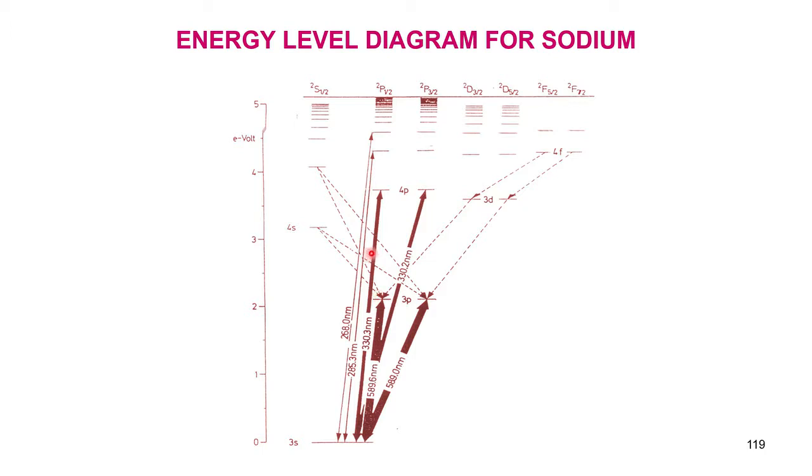There are 1, 2, 3, 4 resonance lines in this spectrum of sodium, but you will see that in 3p there are 2 lines, one is 589.6, another is 589.0. That means both these lines are very near each other.